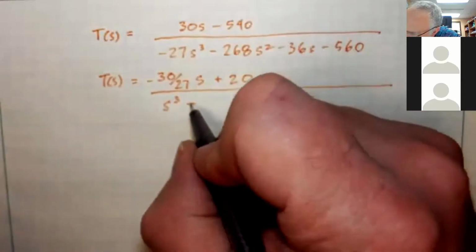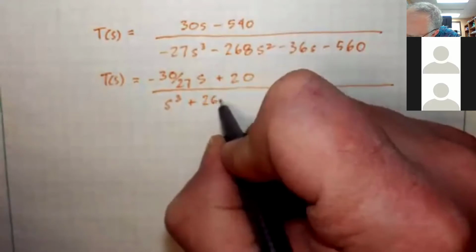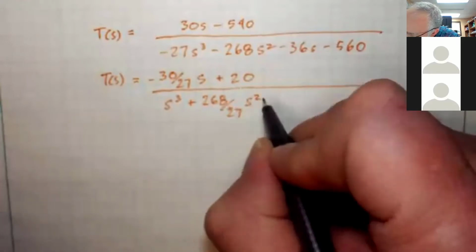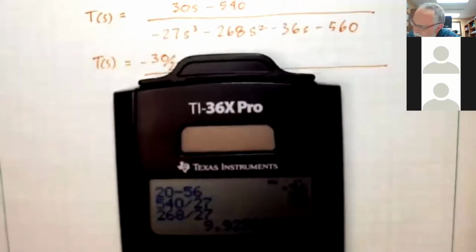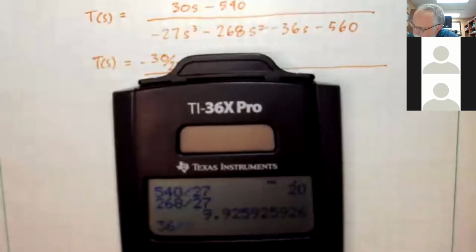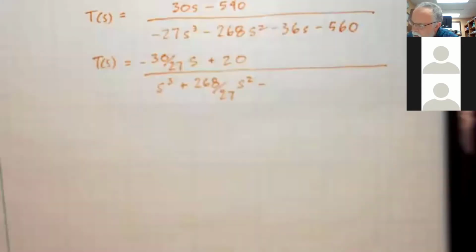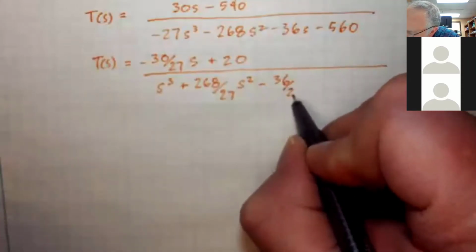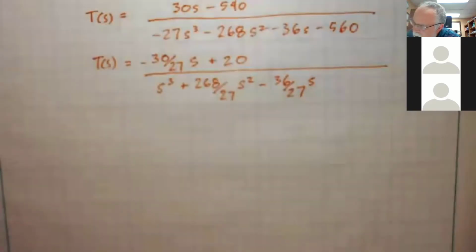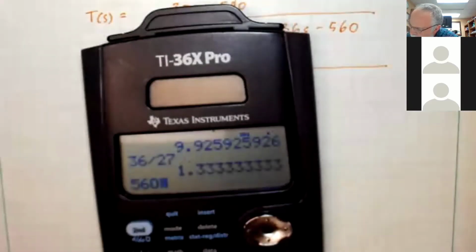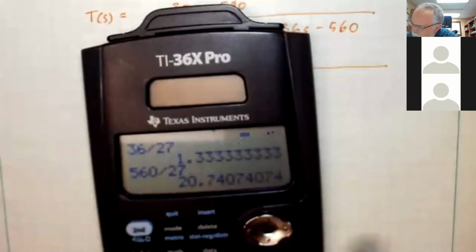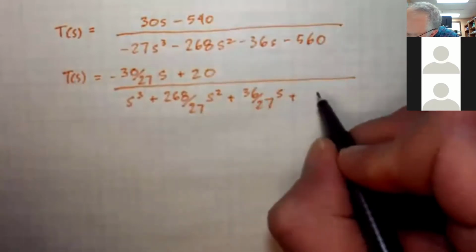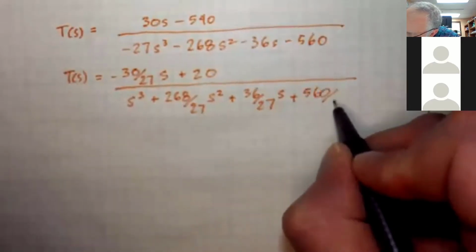Doesn't make a nice round number, so that would be plus 268 divided by 27 S squared. I don't think 36 divides evenly either. No, it doesn't. 36 over 27 S, then 560 divided by 27. Oh, that's a plus sign. Plus 560 divided by 27.